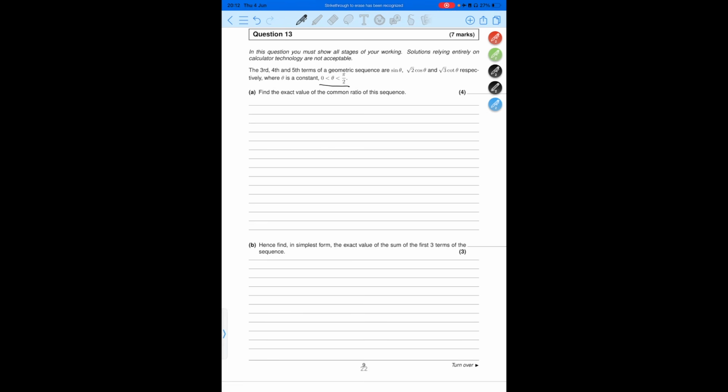So what can we do? Well, we can say that r equals root 2 cos theta over sine theta. However, r is also equal to root 3 cot theta over root 2 cos theta. So we can say that they're equal to each other.